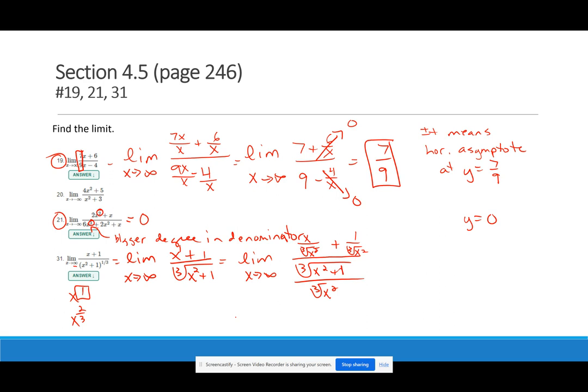So in the denominator, I could put that together under here and have x squared over x squared plus 1 over x squared. And then on top, let me just leave these the way they are for a minute longer. And I haven't done the limit yet, so let me remember to get that limit back in there.